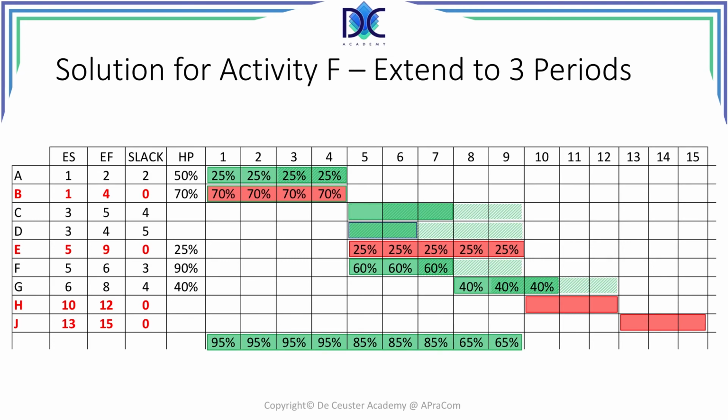So we found a solution. Our project is good to go because the resource Harry Potter has no more overcommitment.